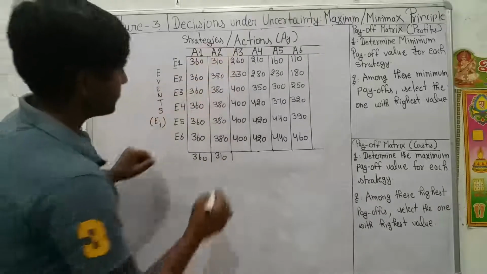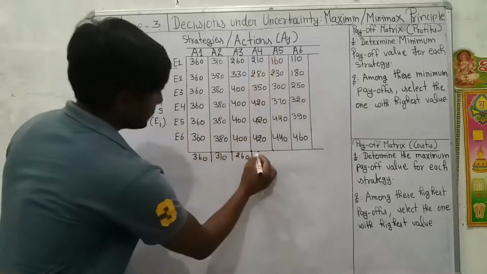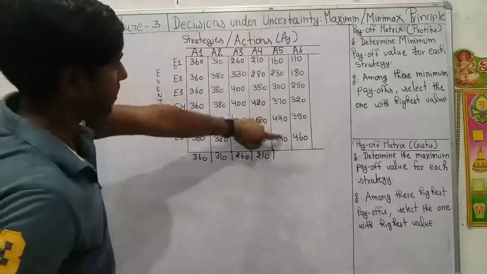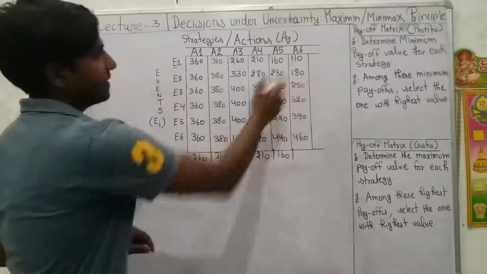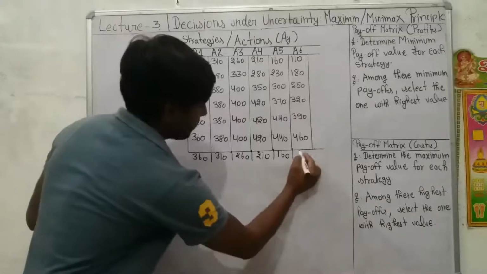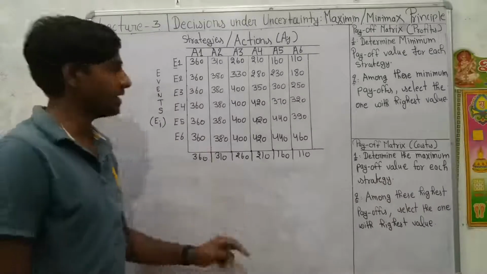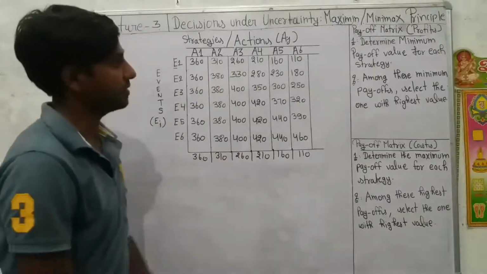For the third action it is 260. For the fourth action it is 210. For the fifth action it is 160, the minimum payoff value. And for the last, that is A6, the minimum payoff value is 110. So we are taking these payoffs in terms of profits. We must keep in mind that.